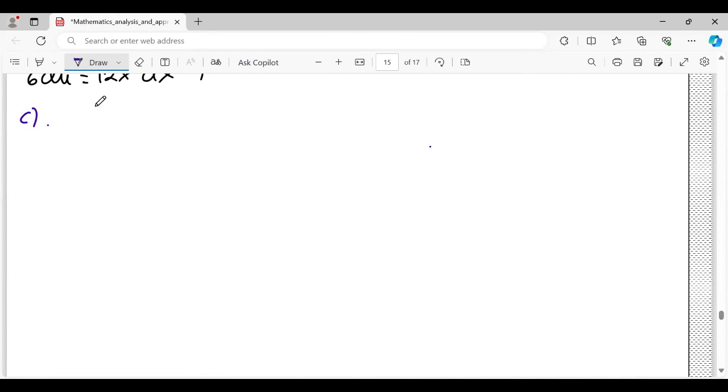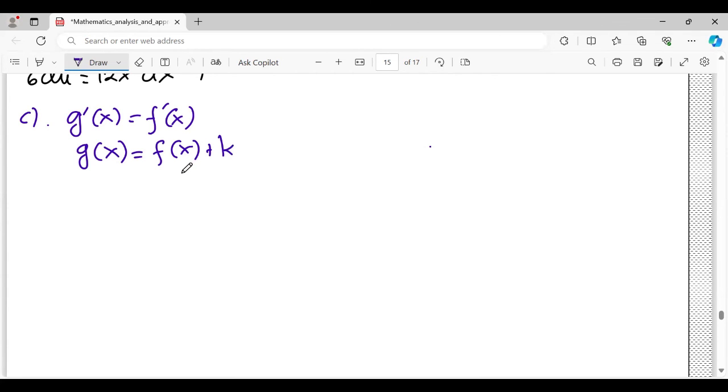Now recognize that, based on the information that the derivative of g(x) equals the derivative of f(x), it means g(x) equals f(x) plus k, where k is a constant. And f(x) is 12x over (x squared plus 2) cubed.